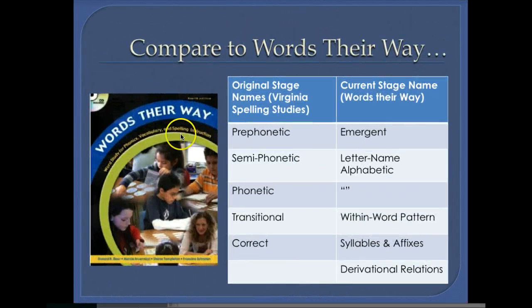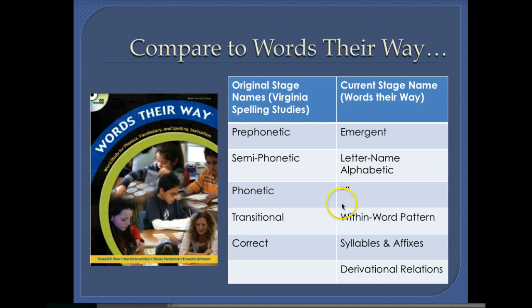Depending on where you're looking, many researchers have categorized spelling into different stages. Here is a comparison with the Virginia Spelling Studies and Words Their Way. So we have the prephonetic, emergent, semiphonetic, letter name alphabetic, phonetic, same here.